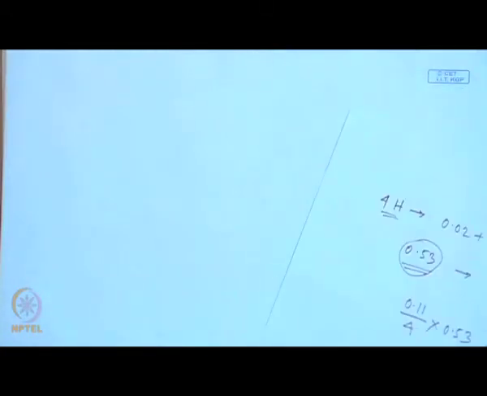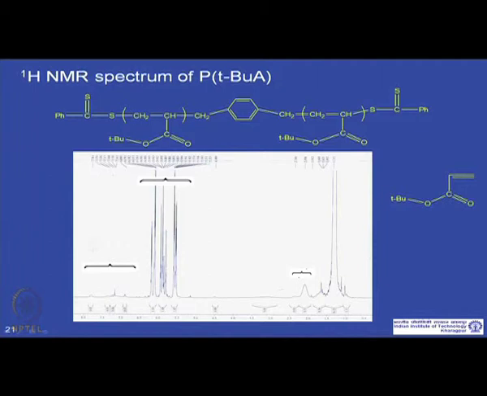The calculation may be a little different, but what you understand is that if you consider these are from the 4 aromatic protons, and these are from the 3 protons of the tertiary butyl acrylate moieties, then obviously you can find out from the intensity ratios how many protons there are, from that how many tertiary butyl acrylate groups, and from that you can get the molecular weight of the first block. Simple.